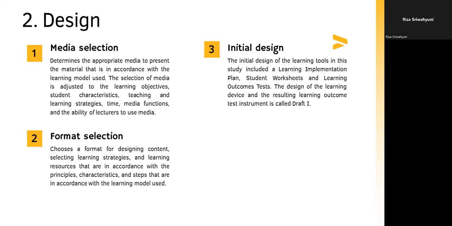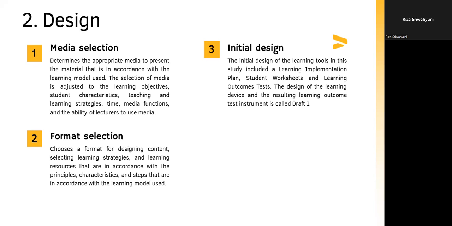And the format selection, choose a format for designing content. The format means the learning strategies, learning resources, principal characters, and the steps that are in accordance with the learning model used. So in the format design, we decide which strategies, model, or method we will use.